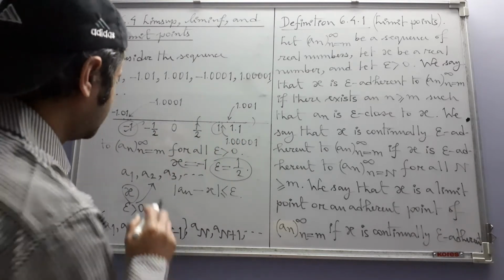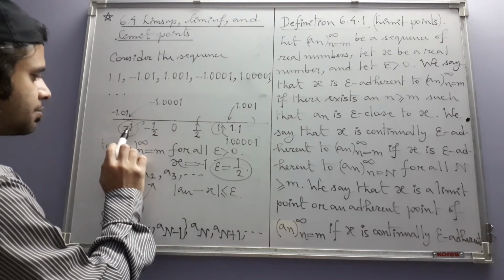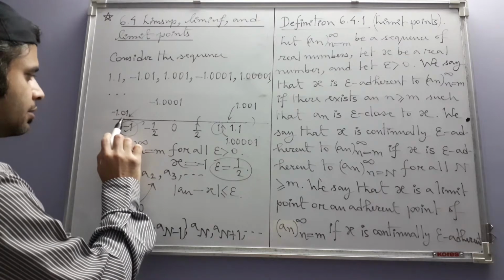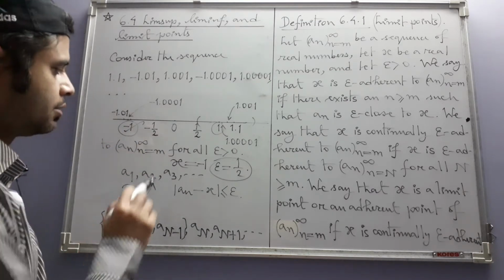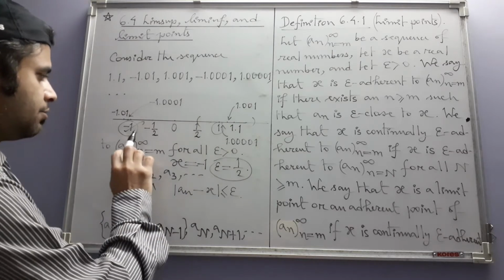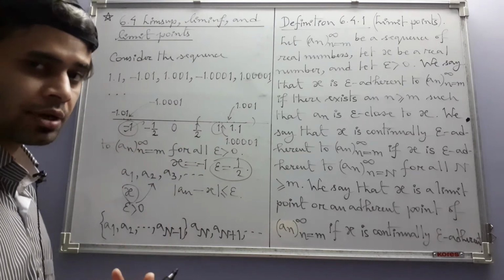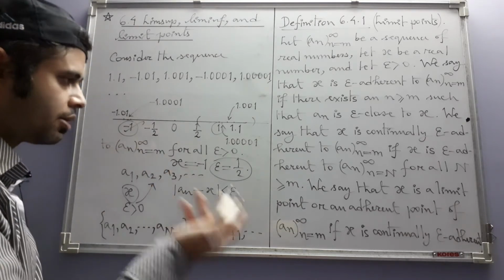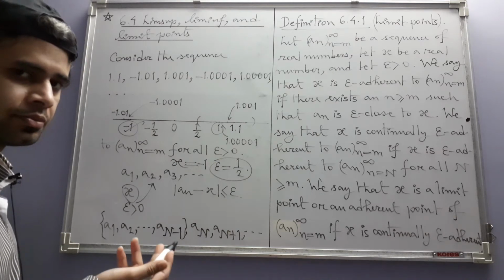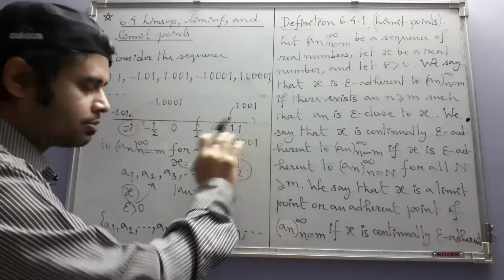Yes, of course. For example, the distance between -1 and -1.01 is 0.01, which is less than 1/2, which is 0.5. So that's why -1 is 1/2 adherent to the original sequence.